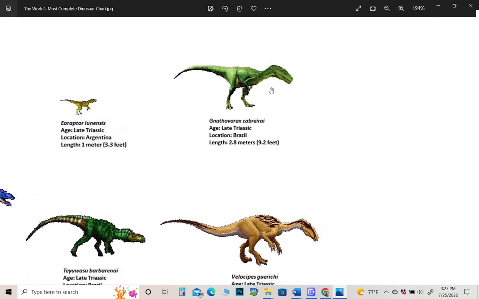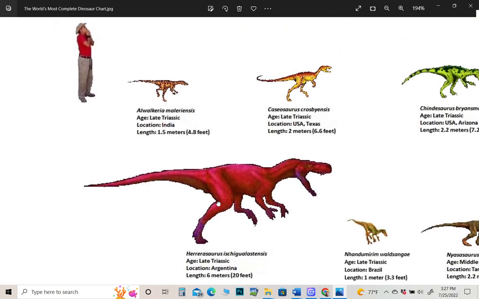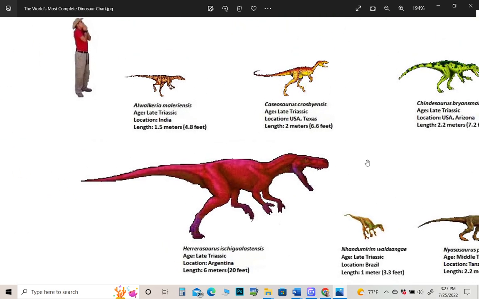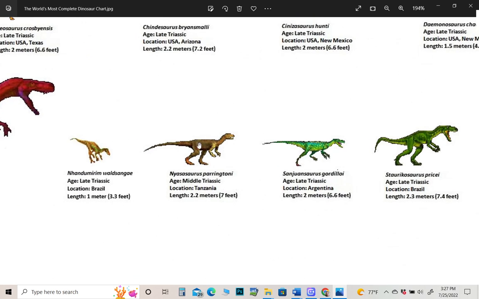By the way, this is actually an image of the Jurassic World Evolution computer game Herrerasaur. We have Herrerasaurus itself, which I think is a little bit too brightly colored, but I may fix that at some point. Mirum Niasasaurus.